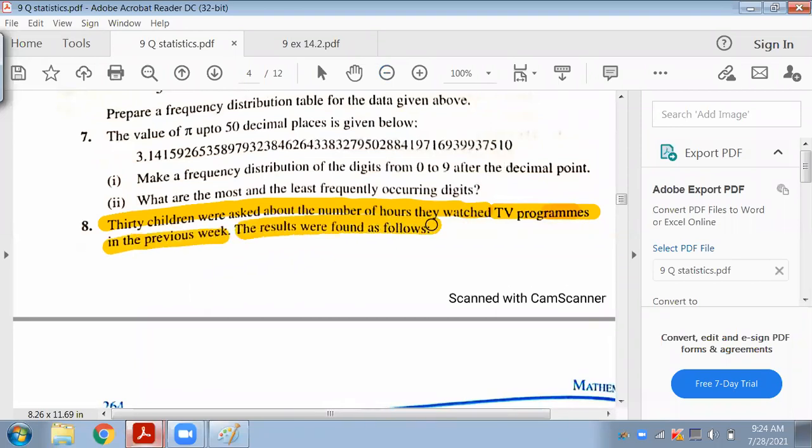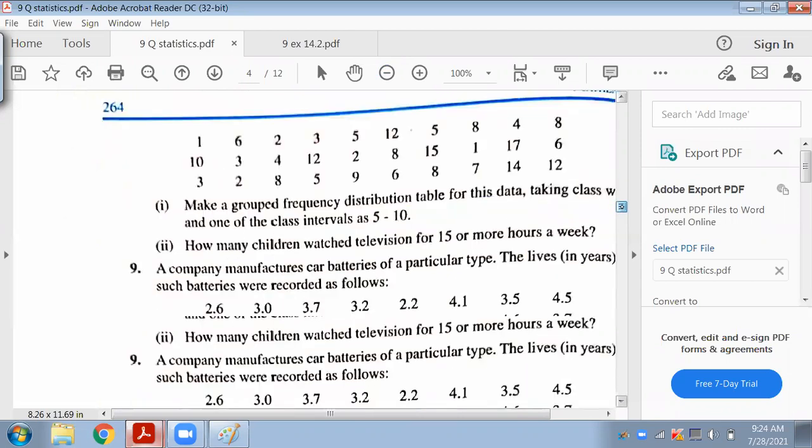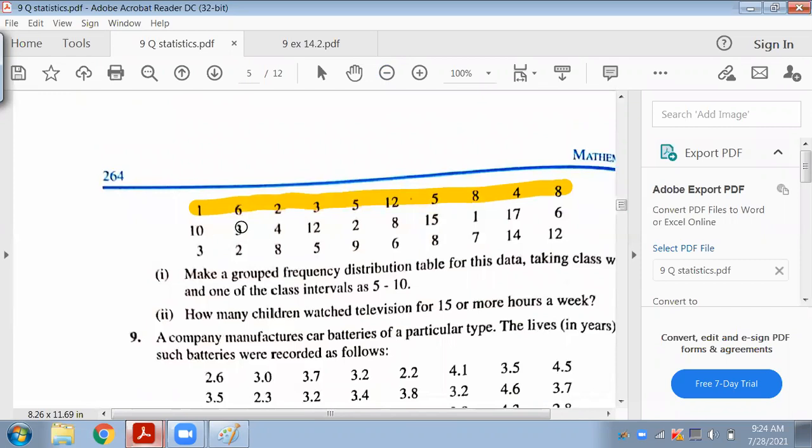The results are as follows." So these are the results of the students who watch TV, and the hours of watching are given to you.